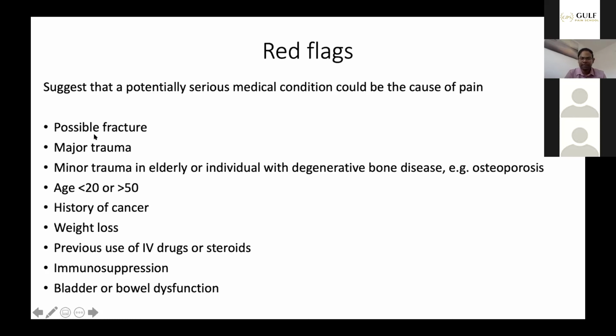So if the patient gives a history of fracture, trauma, if they're too young or a history of cancer, steroids, immunosuppression, or gallbladder dysfunction, you just need to go into a bit more detail in their history or examination, or you may need to order a few investigations to rule out any underlying medical condition which can be serious or which could be treated.